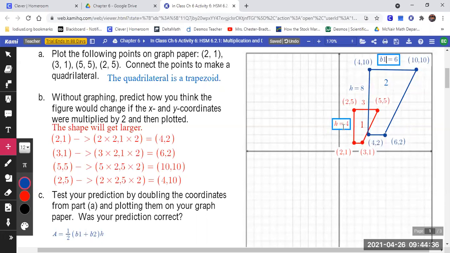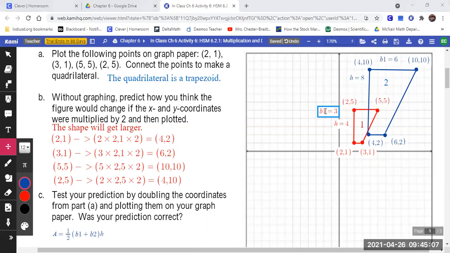So what do we think the bottom is going to be? If the top is base 1, what do we think the bottom is going to be called as a name? Base 2. I need to move this H out of the way so I have space.